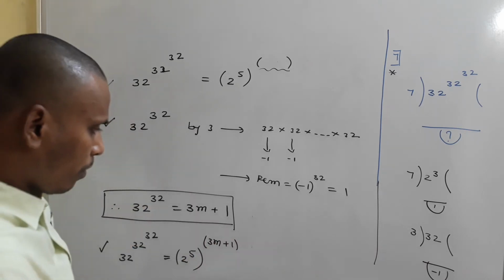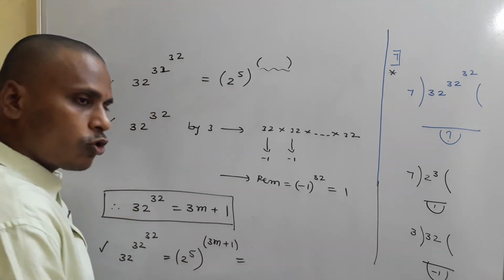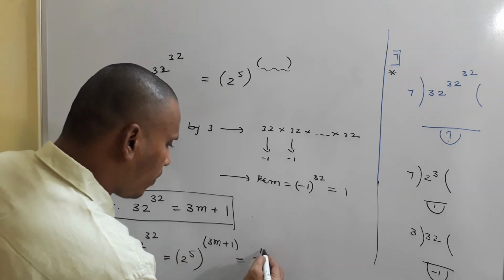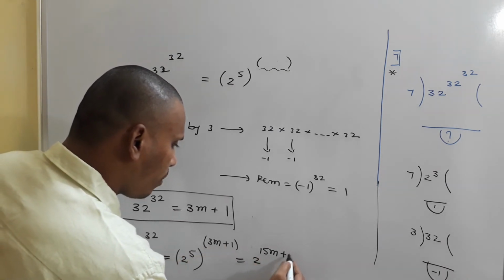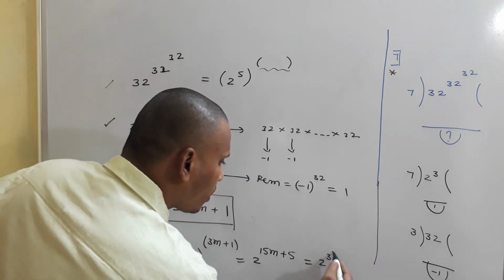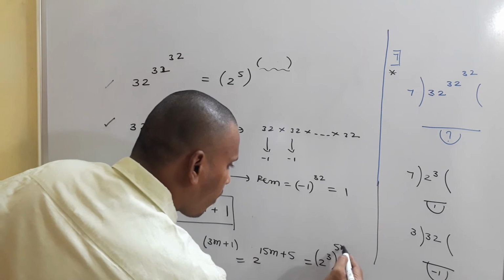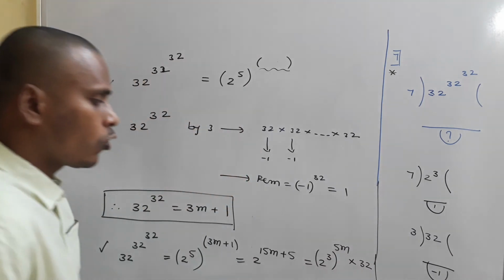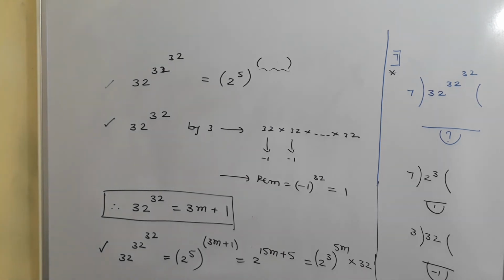You just try to simplify. This is equal to 2 power 5 into 3m plus 1, okay? This is 2 power 15m plus 5, and that is equal to 2 power 3 power 5m into 2 power 5, which is 32. You just have it. 2 power 3 power 5m into 32.